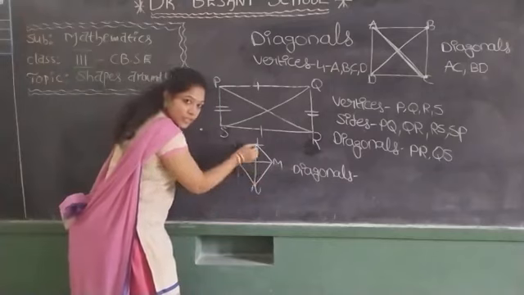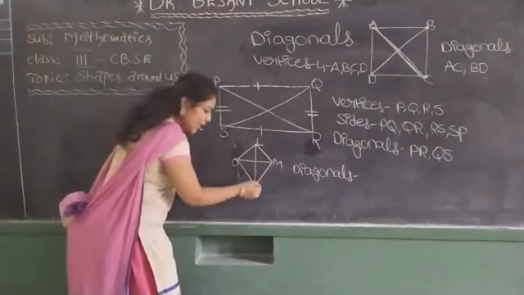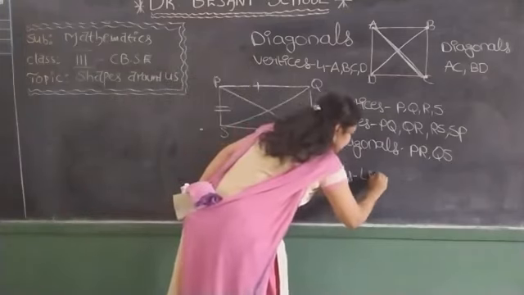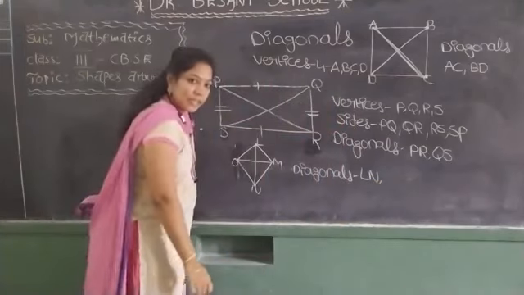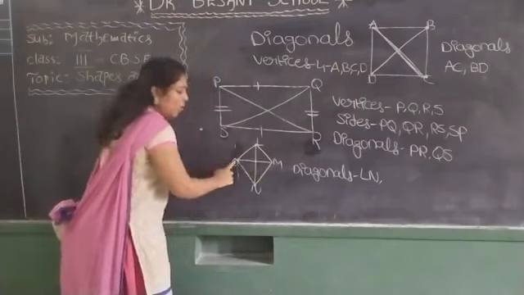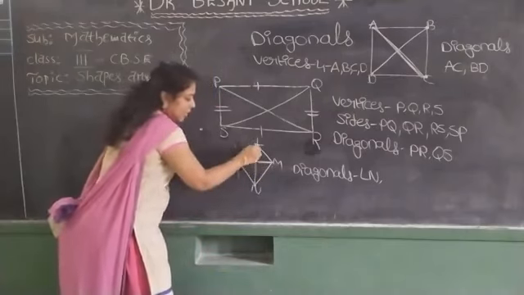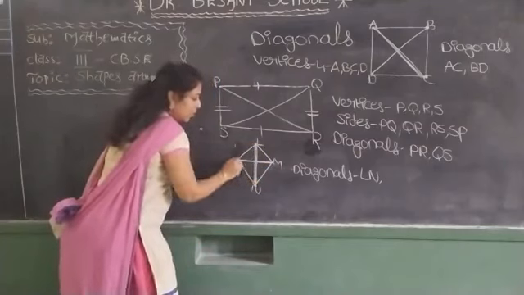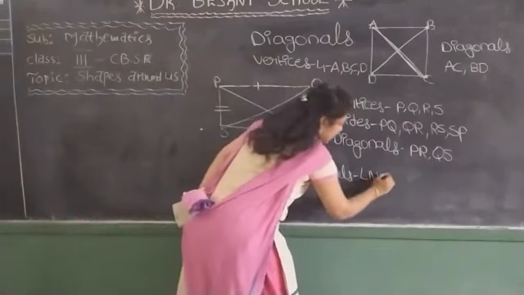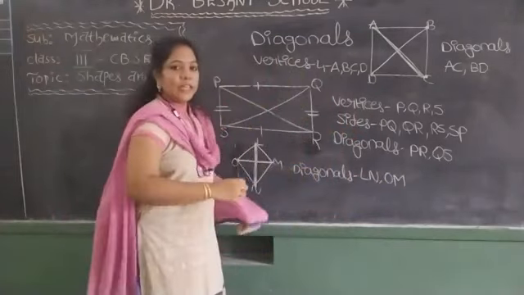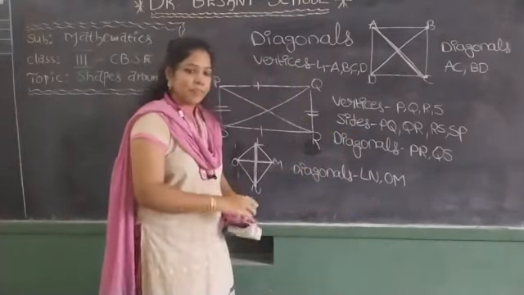These two are opposite corners, yes. L and N. LN is one diagonal. Good children. And what is the other diagonal? Yeah, OM. OM is the other diagonal. Children, did everyone understand about the diagonals?